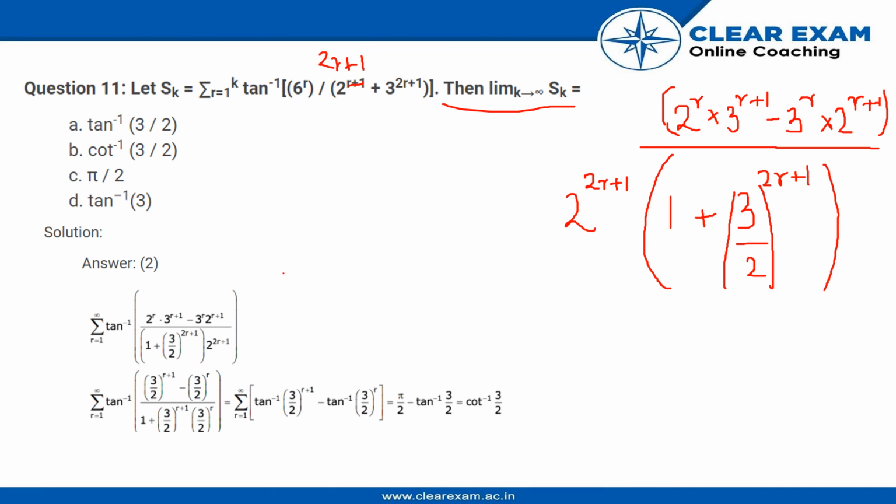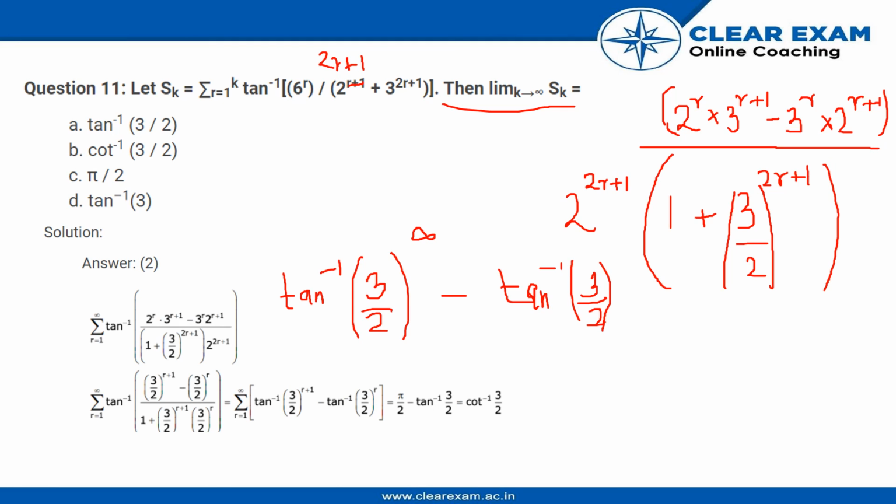So the last term is tan inverse of 3 by 2 raised to r, where r is infinity in this case. So 3 by 2 raised to infinity, minus, because the first term was in the negative sign, tan inverse of 3 by 2, as r was 1 for the first case.